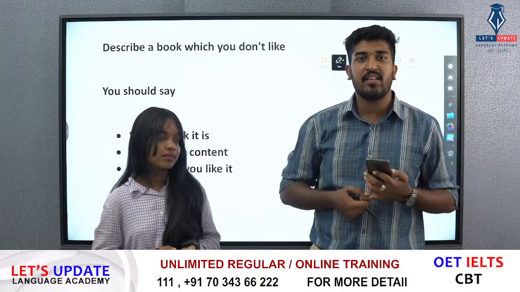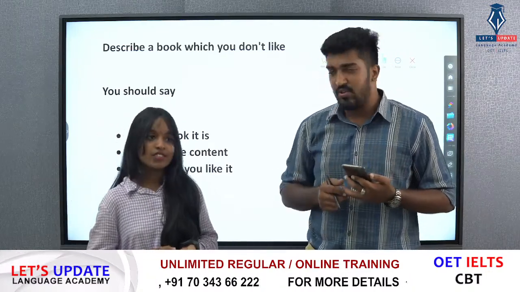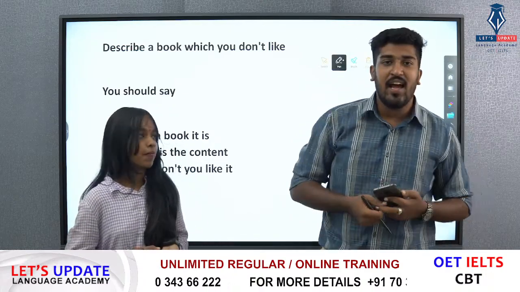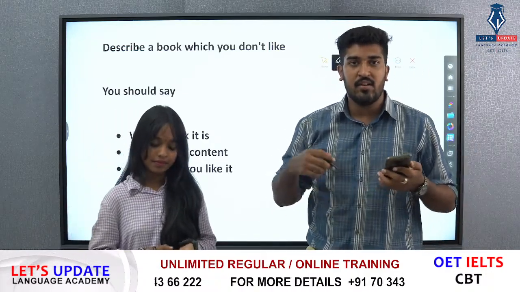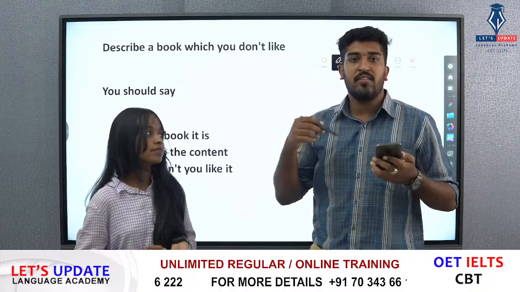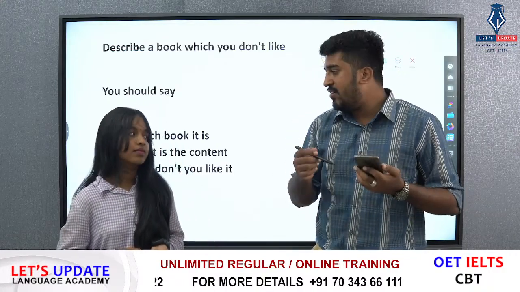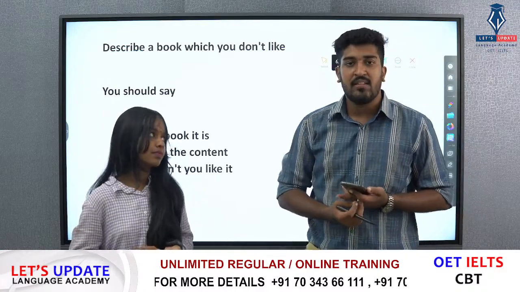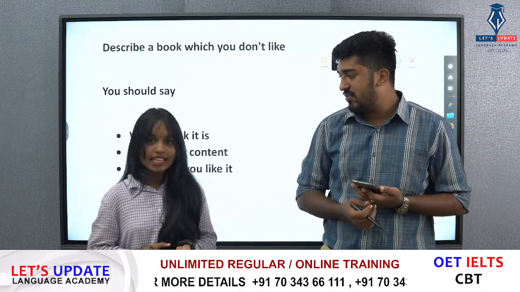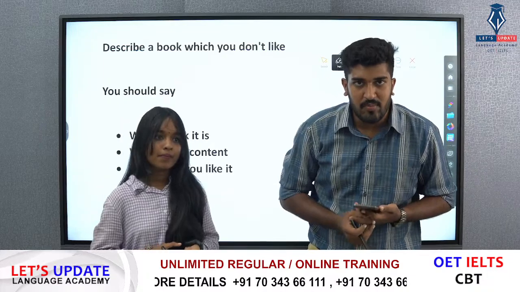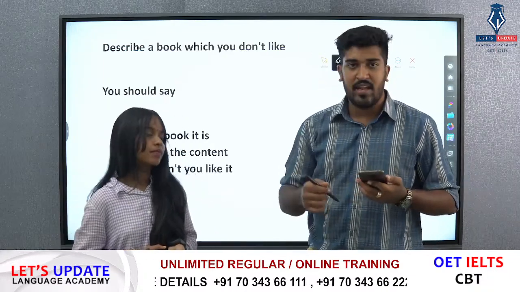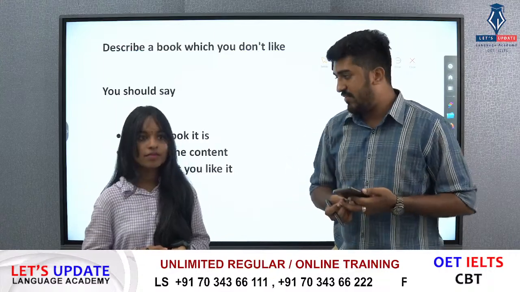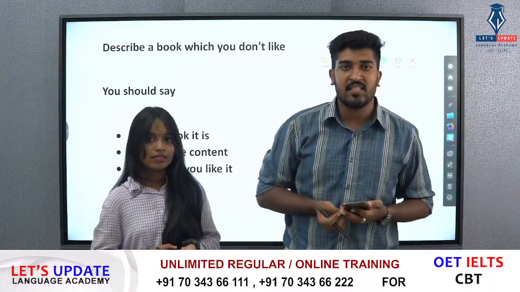The second criteria is lexical resource, which is basically vocabulary. Here we'll be checking if there is any repetition, if the selection of words is correct, and the use of paraphrasing and synonyms as well. The next one is grammatical range and accuracy, where we check the grammatical range, the sentence structuring, and the accuracy of the sentences. The last one is pronunciation.